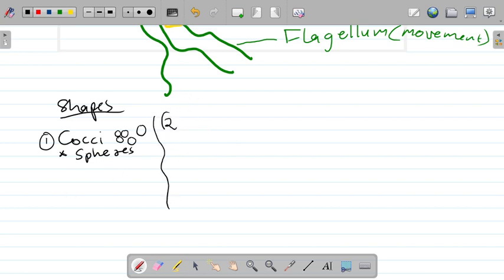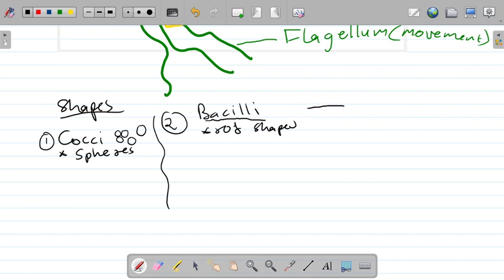The second one is bacillus or bacilli. Now, how are they shaped? Bacilli are rod shaped, meaning we say that they are rod shaped. What is a rod?